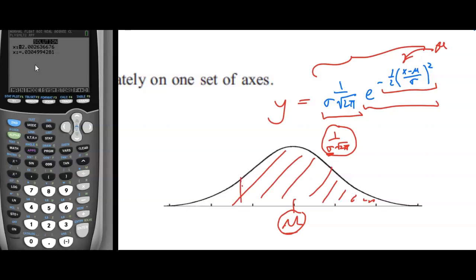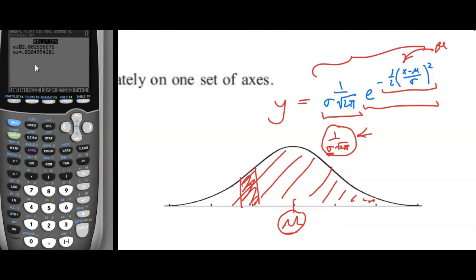That's why when we find sections of it, we're finding the probability, because we're finding proportions of the 1.0. So that's why this coefficient becomes tall and short depending on how wide the distribution is, because we want to make sure that the area of the distribution is always 1.